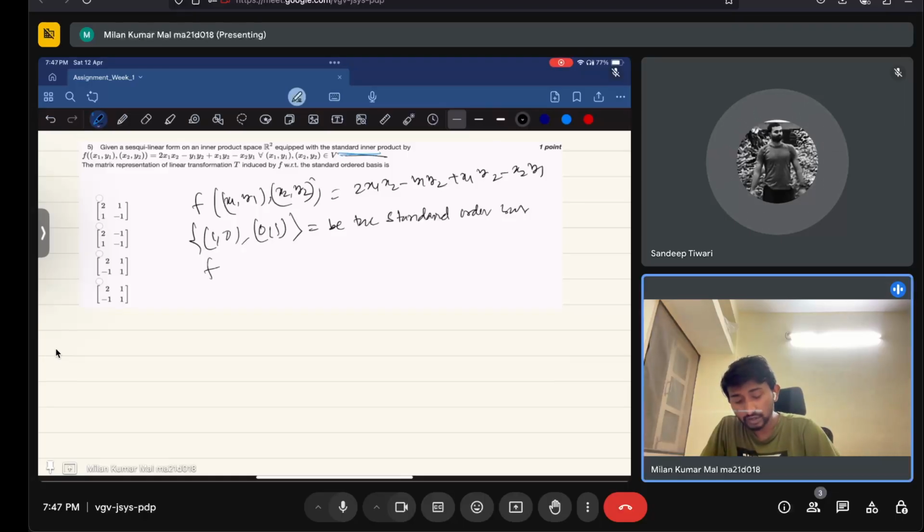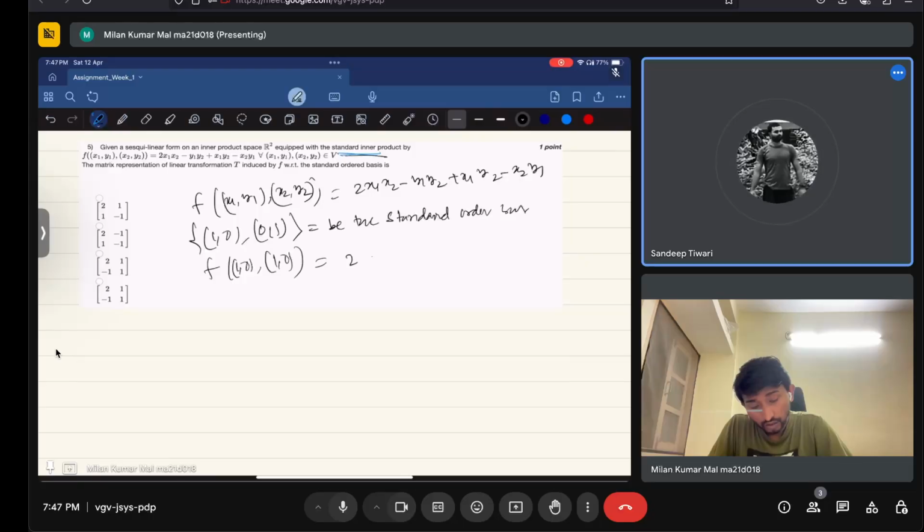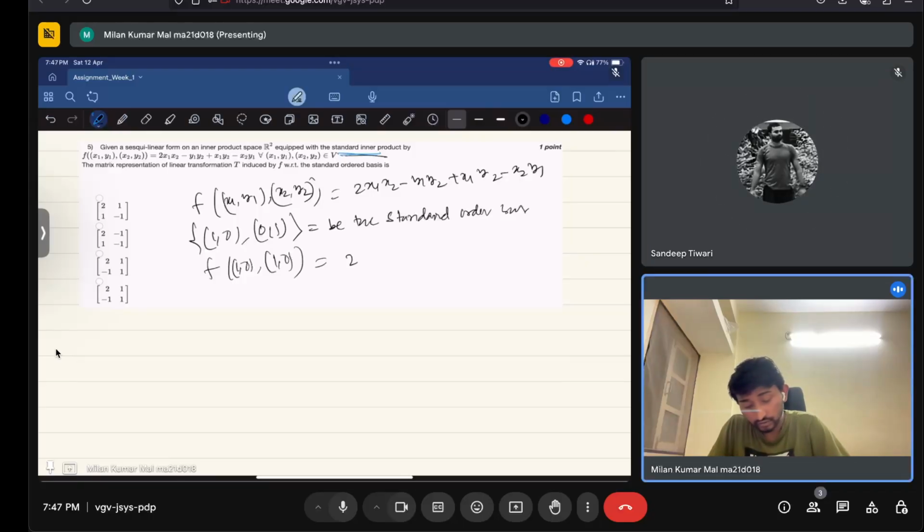So the first one will be a11, which is F of (1,0) comma (1,0). Here x1 and x2 are both 1, all other terms are 0, so this is 2.